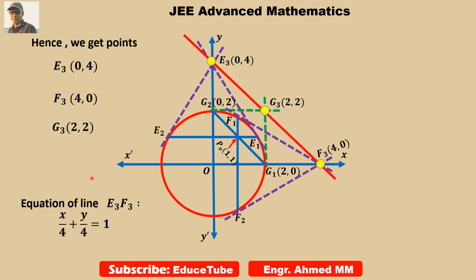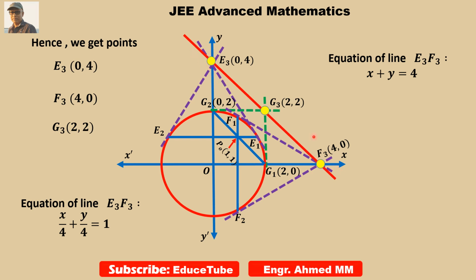So a and b, it is 4 and 4. So x by 4 plus y by 4 equal to 1. And simply, taking 4 to the right hand side, we can write the equation nicely as x plus y equal to 4. So this is the equation of this line. That's what the question was asking.